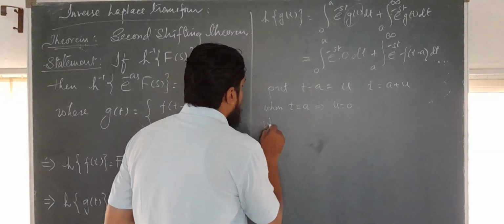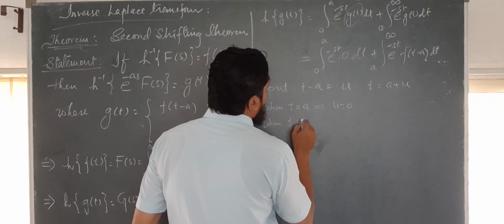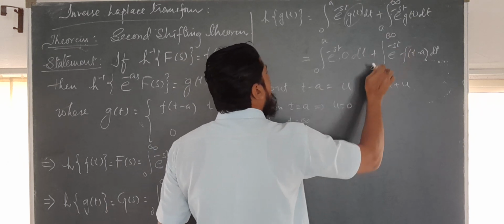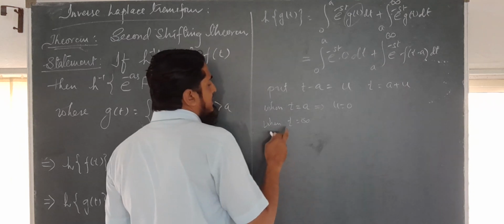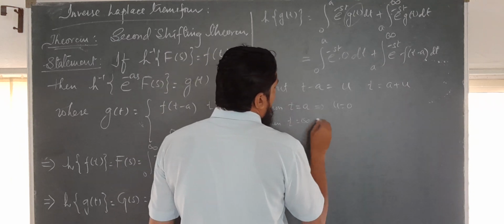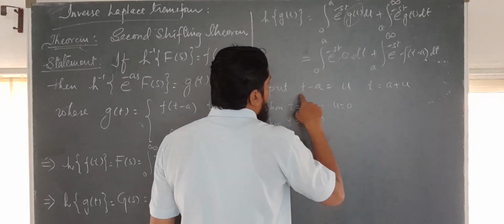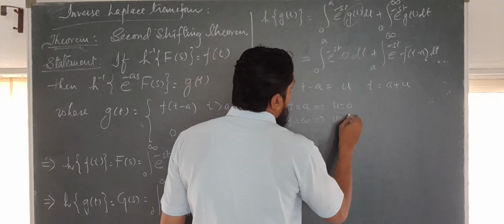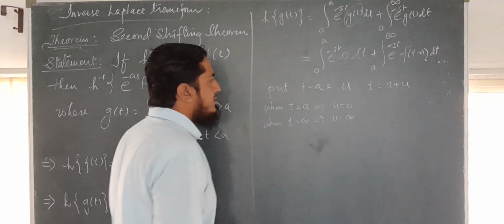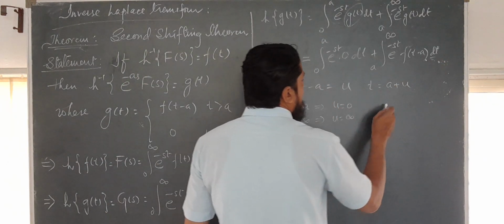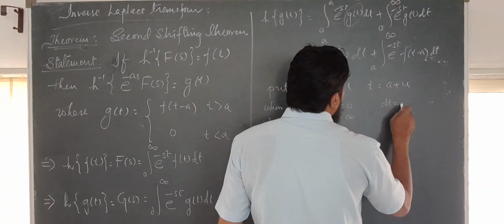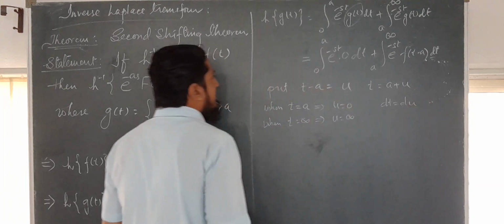And when t is equal to infinity, because we have the limit points a and infinity, whenever t is infinity, infinity minus a finite number, so we will get again infinity. Correct? And for dt, if we differentiate, we will get dt is equal to du. Correct?